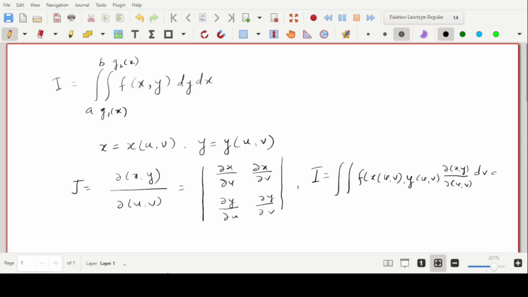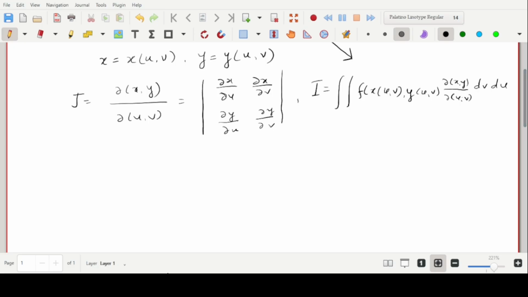It is either dv du or du dv, depending on the order of integration, and these limits of integration will change depending on what these functions are and how we are defining x and y in terms of u and v. So we shall have to calculate those limits of integration, which I am not writing over here, but this is how we defined the change of variables in case of functions of two variables.